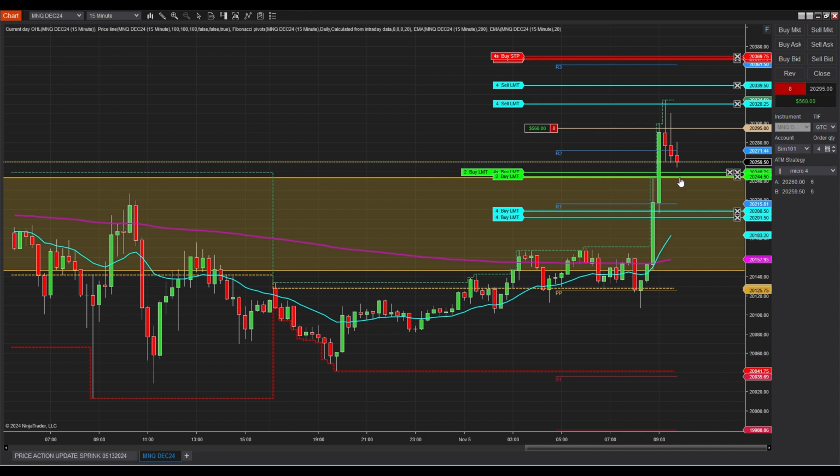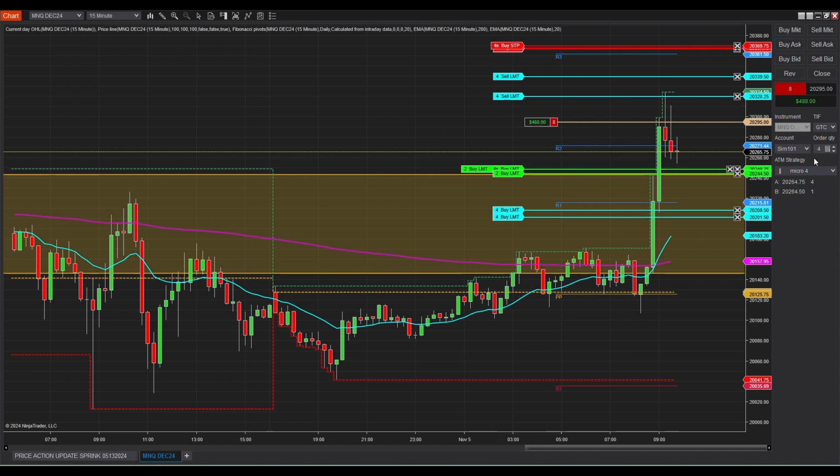So this is just holding the trades back into the IBR high of the 15-minute. I'm 8 micros scaled into it. It's 9:34.